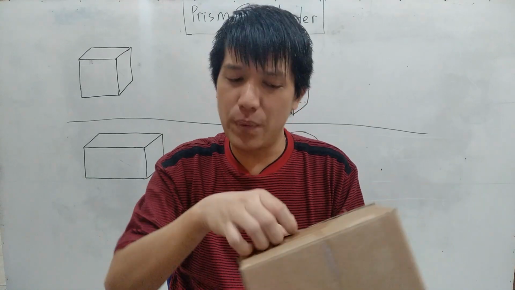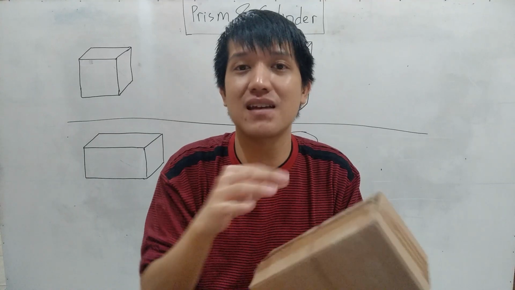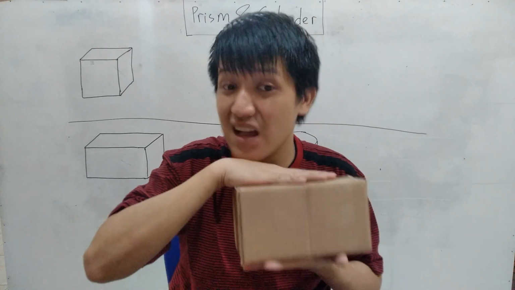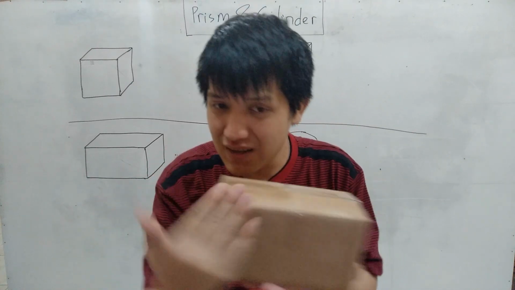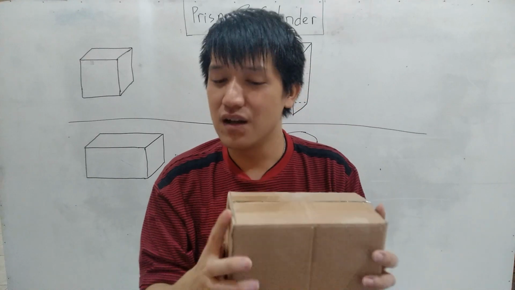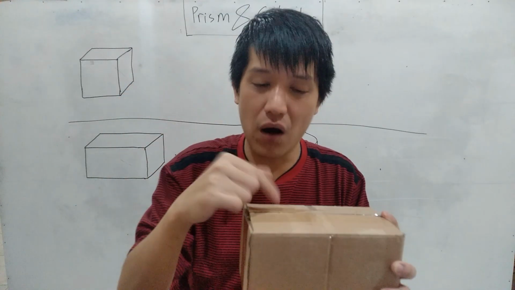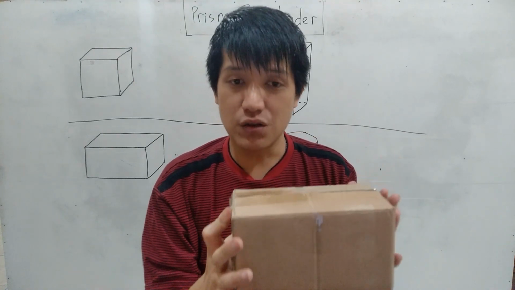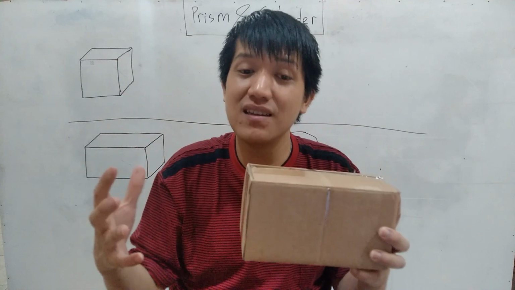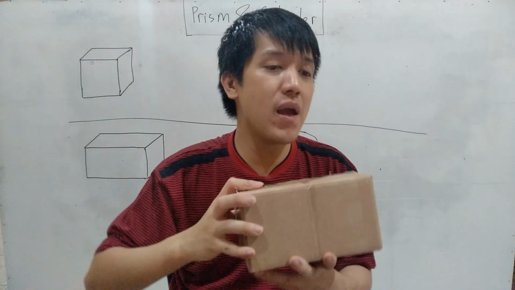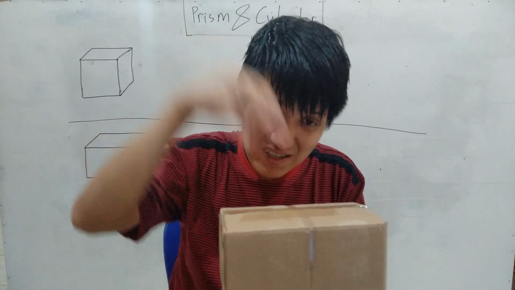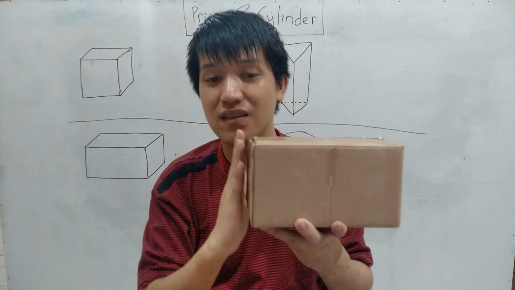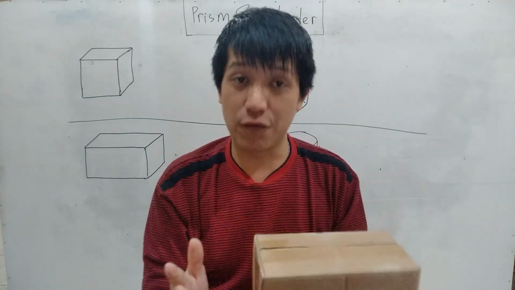I will not need to open the box and put the plastic or paper inside the box itself, right? No, I just need to cover it. So surface area never talks about the inside of the box, it only talks about the outer part. If volume is about how much water or cotton I can put inside the box, then surface area means how big a paper I need to cover the box itself.